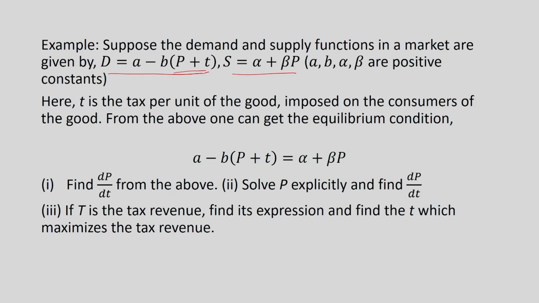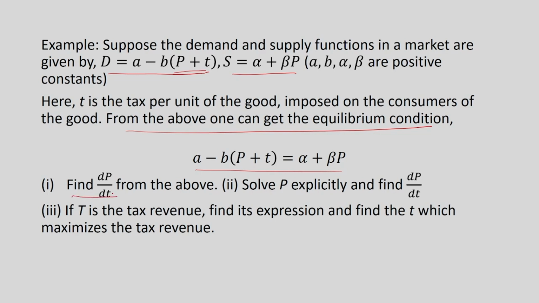So, from the above we can talk about what is known as the market equilibrium condition, and this is just demand equals supply: a minus b of (P plus t) is equal to alpha plus beta multiplied by P. Now, we have to again answer 3 questions.